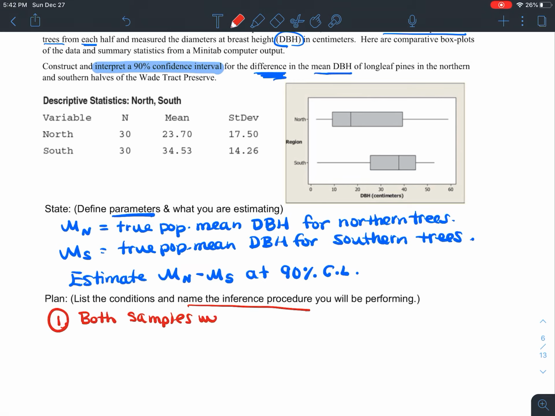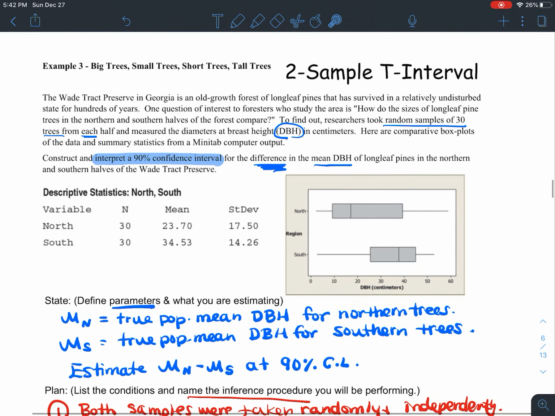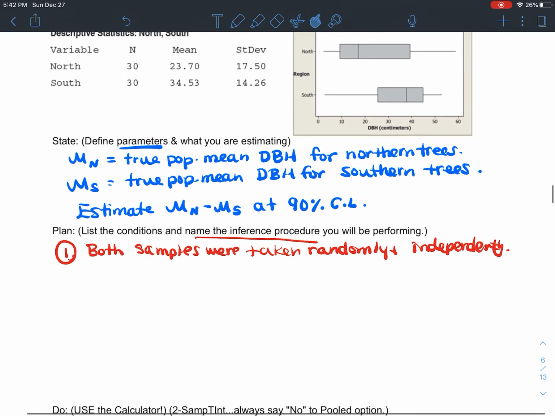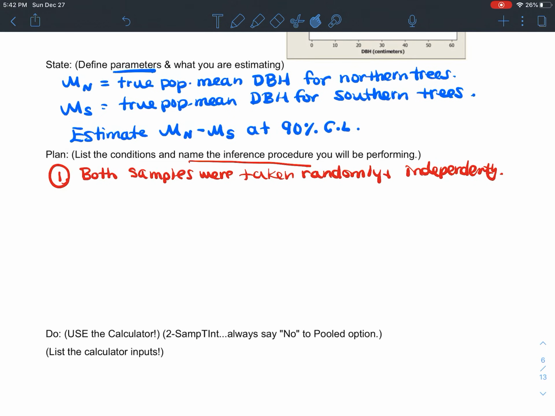We want to say that both samples were taken randomly and independently. I believe this problem mentioned that there were random samples of size 30, and we're just going to assume that when they drew these samples, one from the other, they were taken independently from each other. So we do need to make that statement there.